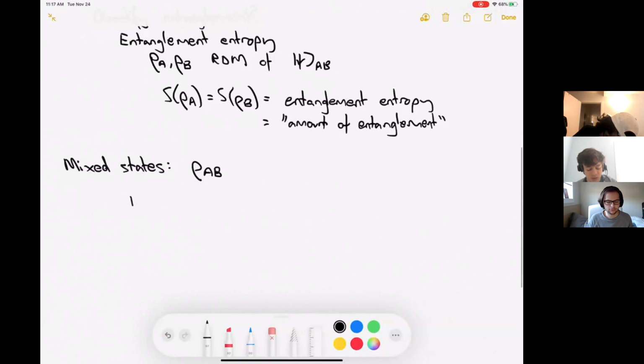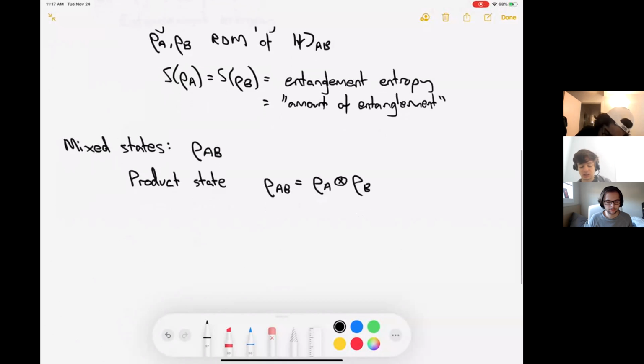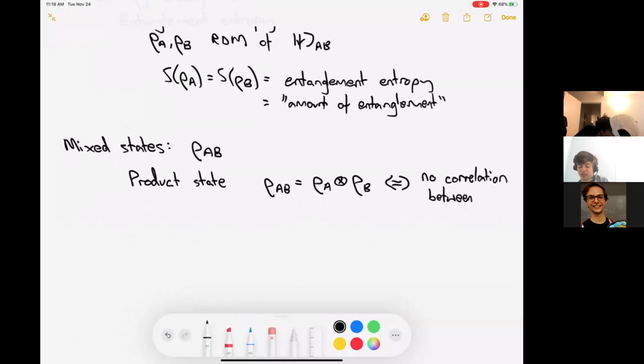And certainly it's true that we can define a notion of a product density matrix, a product mixed state, if rho_AB can be written as a tensor product of a density matrix rho_A with a density matrix rho_B. And just like for pure states, this is equivalent to there being no correlation between the state on A and the state on B.